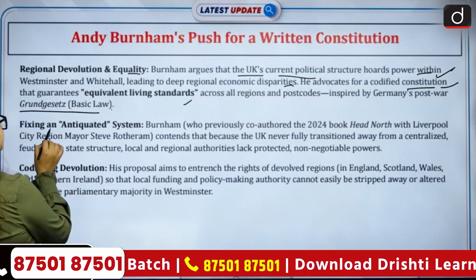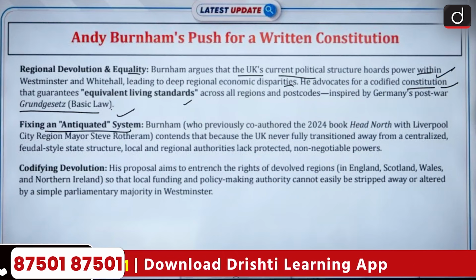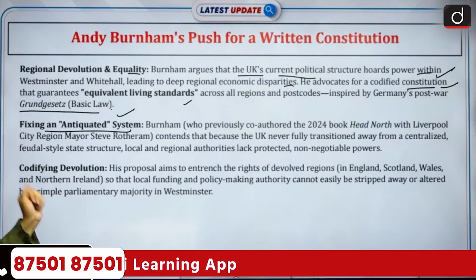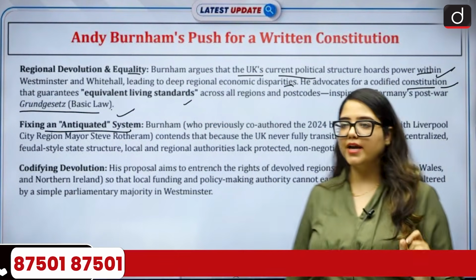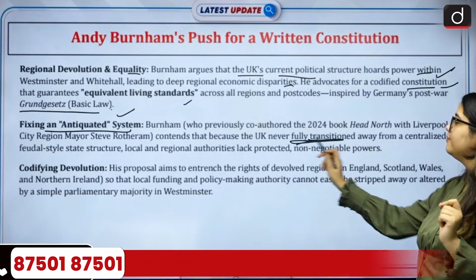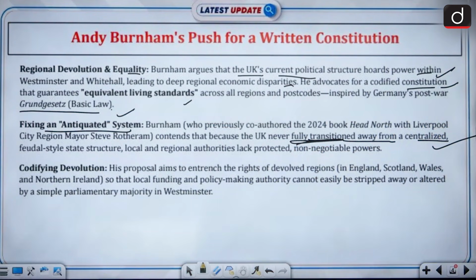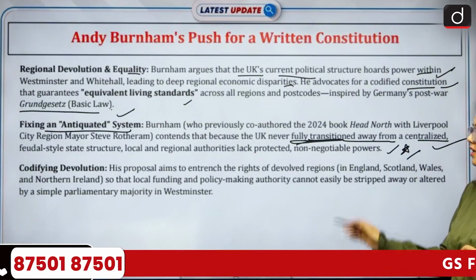Now they're saying that we need to fix an antiquated system. Burnham, who has also written a book, Head North, and the Liverpool City Region Mayor Steve Rotheram, said that because the UK never fully transitioned away from a centralized, feudal-style state structure, local and regional authorities don't have any protection on non-negotiable powers.